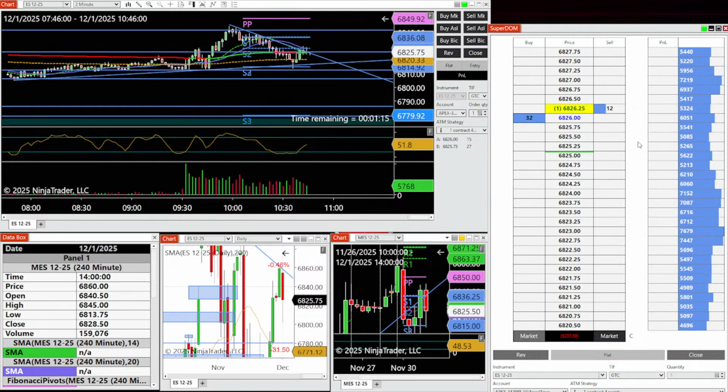Going over and under VWAP. I'm between 23 and 28 right now. Trading between 23 and 28.